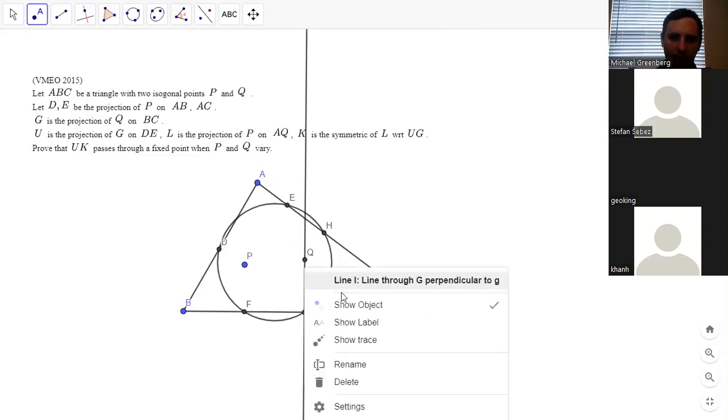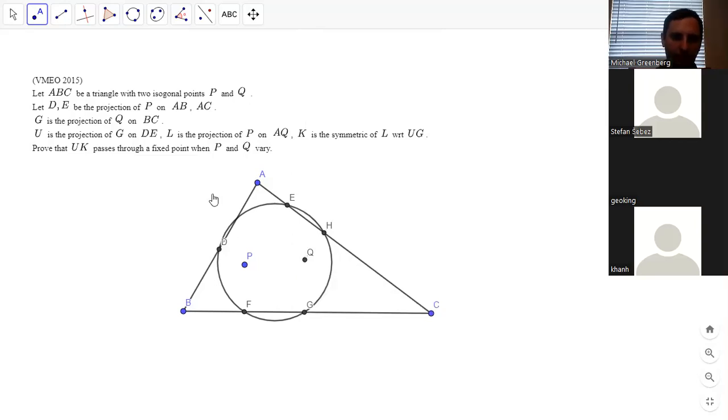Let's draw all the perpendiculars in again. I'll draw that last one. Okay, G is a projection of Q onto BC. Oh, there we go. U is a projection of G onto DE.